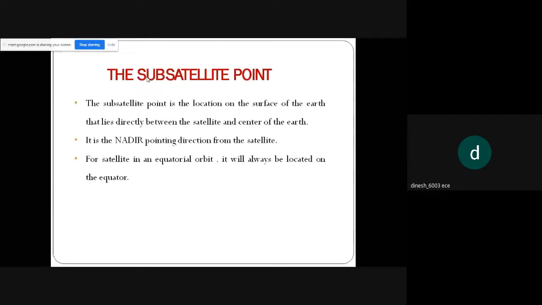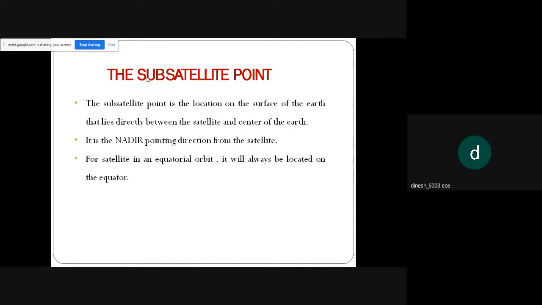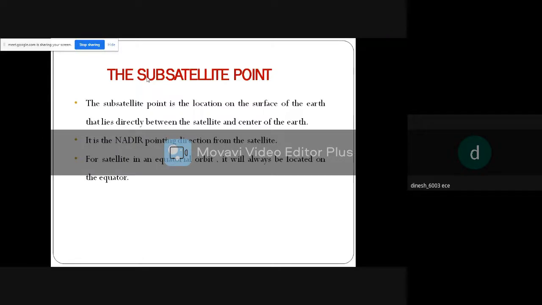Our placing of the antenna could be at different points, and that point can be measured by the sub-satellite point, which lies directly between the satellite and the center of the Earth. I'll show you that in the diagram. It is the nadir pointing direction from the satellite.